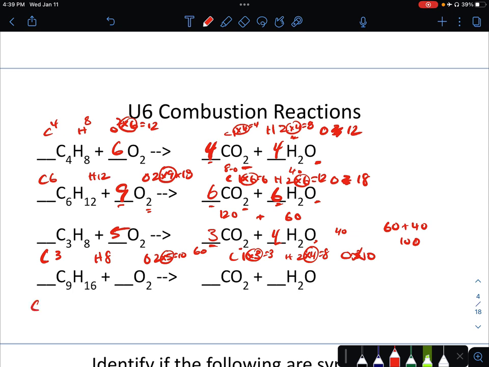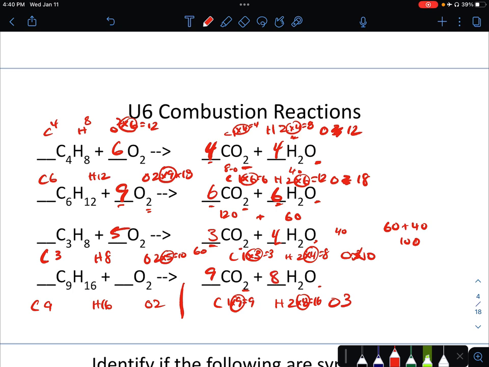All right, here we go, last one. C9, H16, O2. Separate that: C1, H2, O3, 2 plus 1. I need 9 carbons, so multiply that by 9. That messes up my oxygens, but I don't care. Times 8 for my hydrogens equals 16, so put an 8 there.